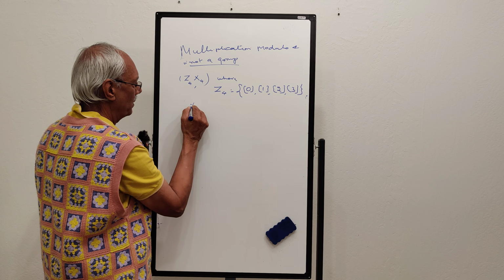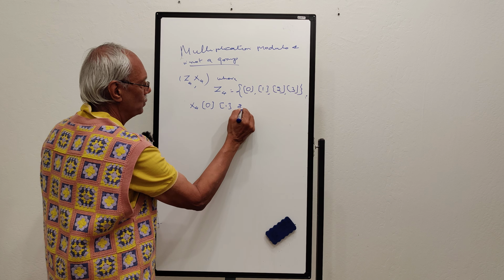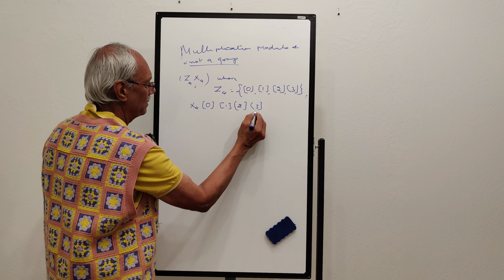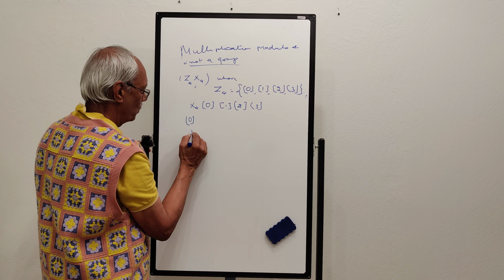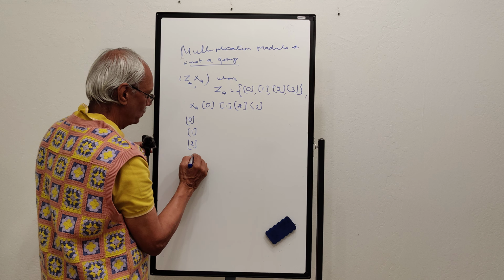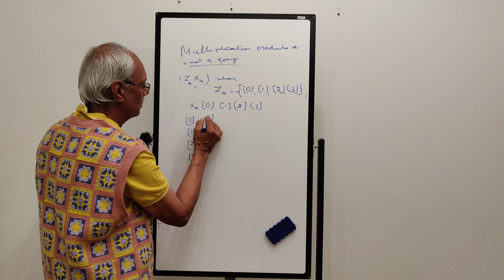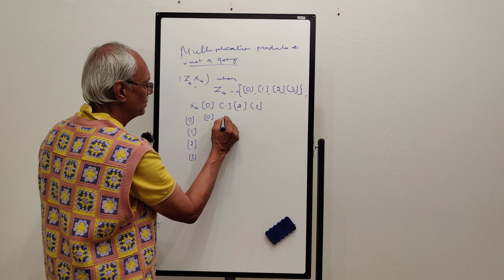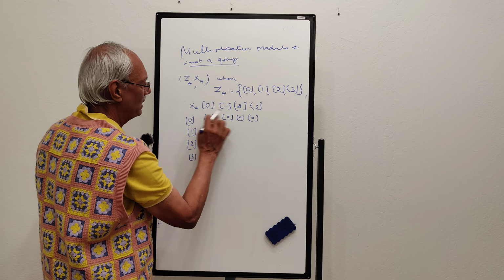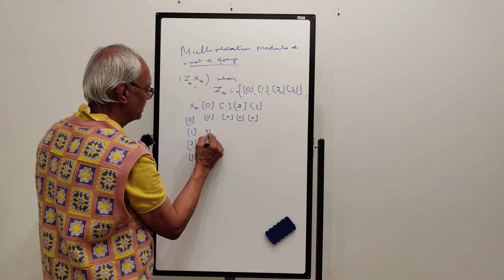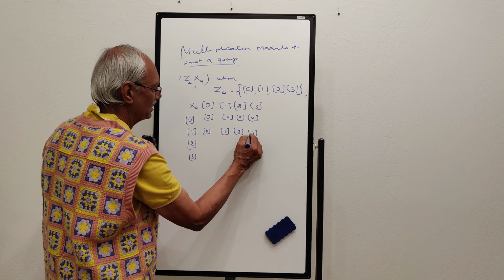The rows and columns are 0, 1, 2, 3. 0 into anything is 0, so this row and column are all 0. 1 into anything is itself: 1 into 1 is 1, 1 into 2 is 2, 1 into 3 is 3.